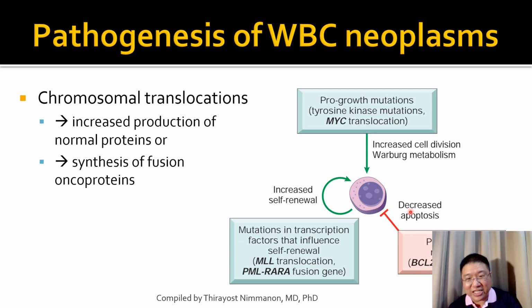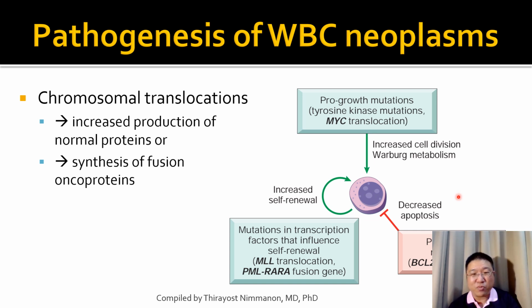Another example is BCL2 in follicular lymphoma. One common translocation is translocation 14;18. Chromosome 14 again is for immunoglobulin, whereas chromosome 18 is for BCL2. When there is translocation, the locus for BCL2 is located next to the locus for immunoglobulin.